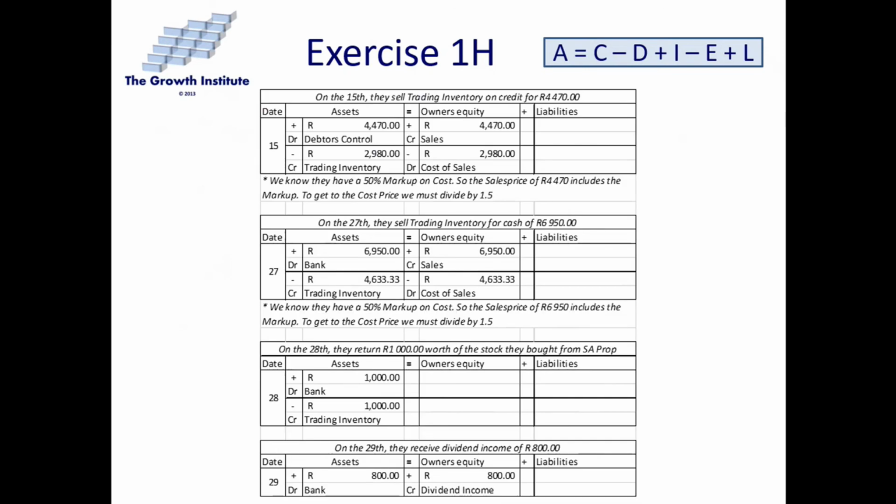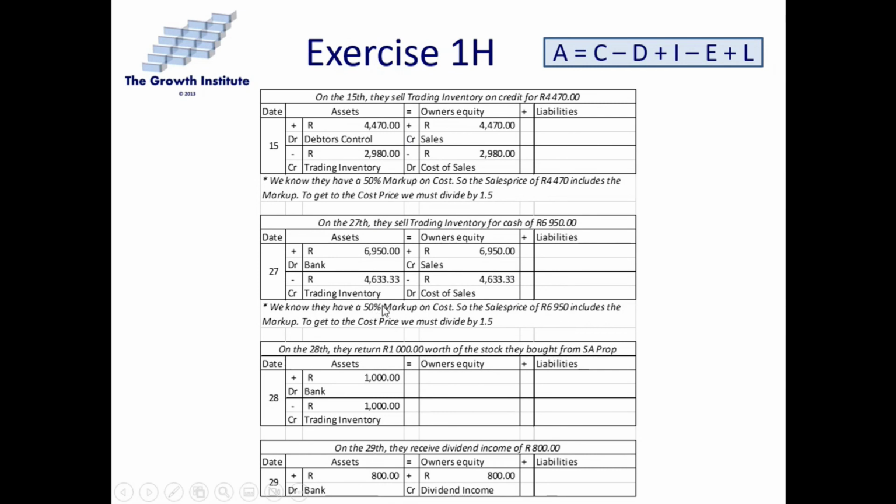On the 27th, they sell trading inventory for cash. Because they're selling it for cash, these two transactions are going to look more or less the same. The only difference is that the asset account that is going to increase is bank, because they are selling it for cash. Once again, sales is the contra account. But in terms of the trading inventory and the cost of sales, we're going to do exactly the same.